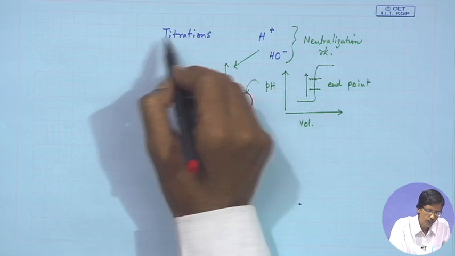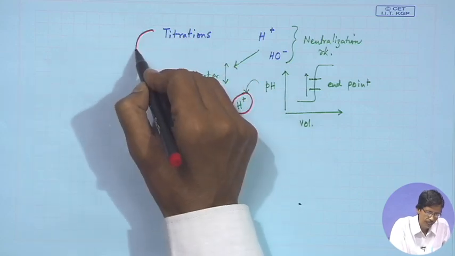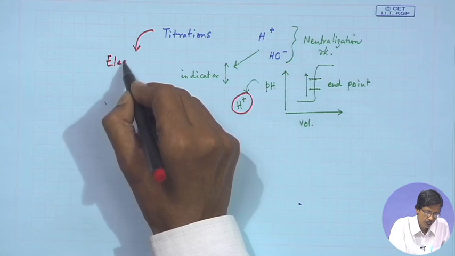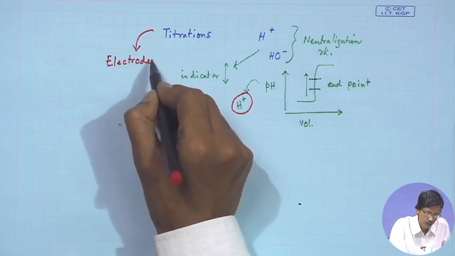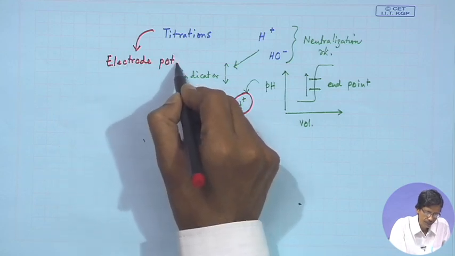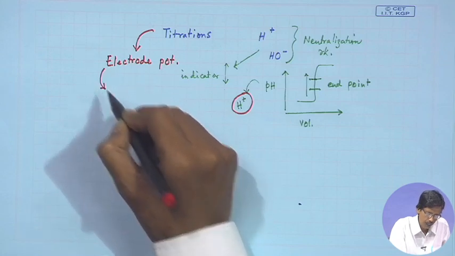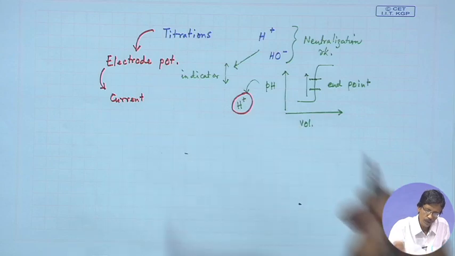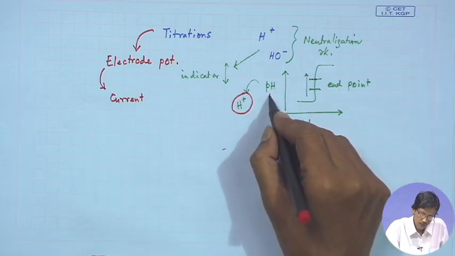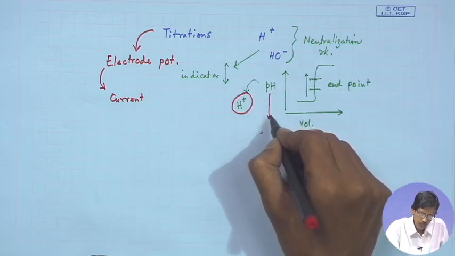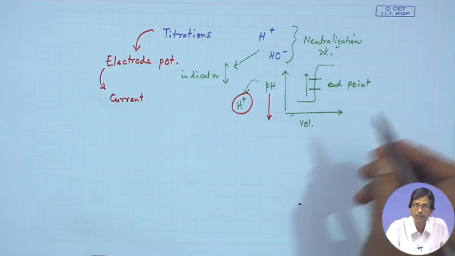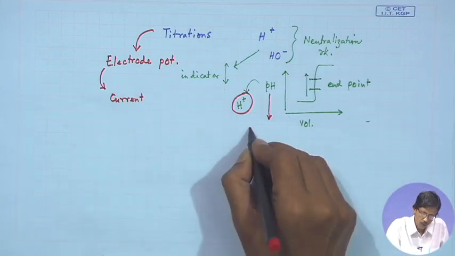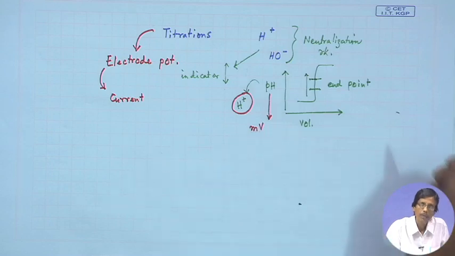So, when we consider any other sort of titration, we can utilize the corresponding electrode potential, or the current we can use. We will see how we can correlate this particular parameter, the pH, to some electrode potential, which is in millivolts.